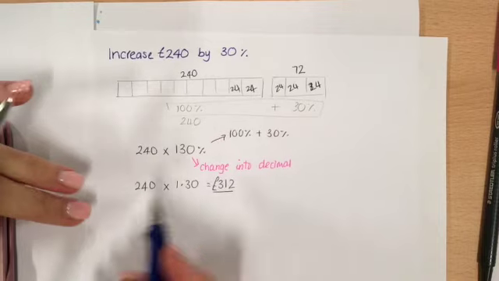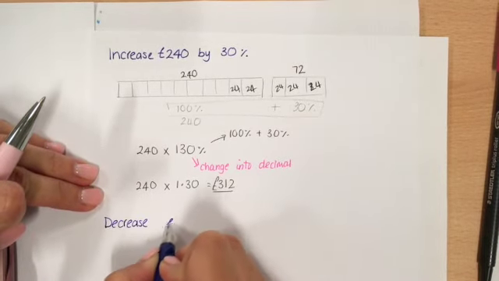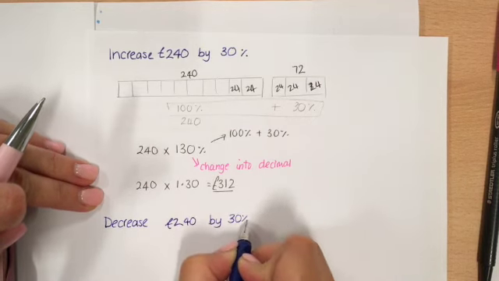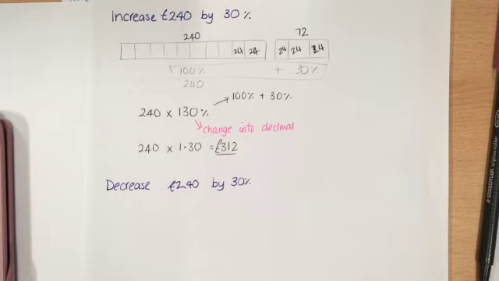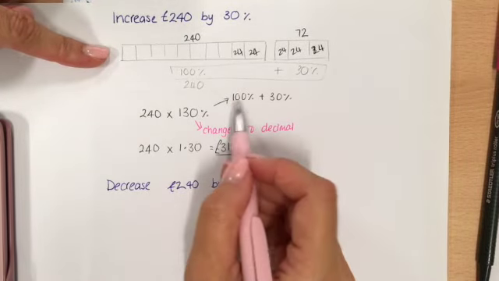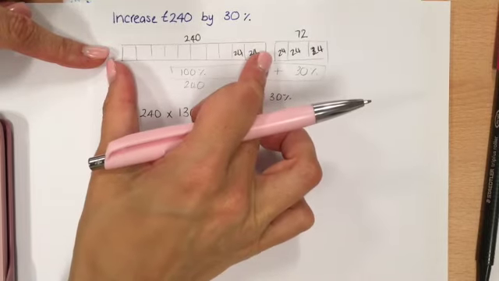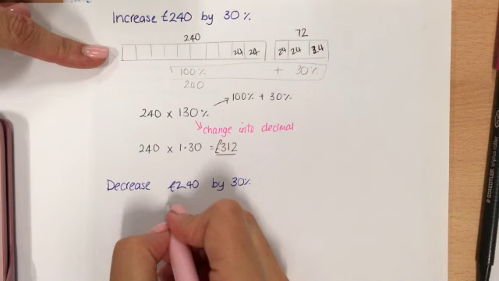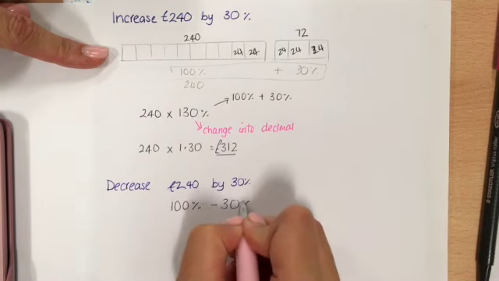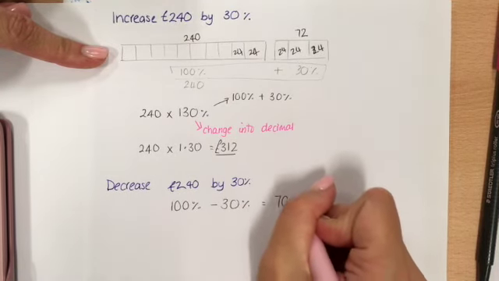So let's do, this time, decrease £240 by 30%. This time, I'm not going to draw the model. We know that we had to add the percentages together, so we had the 100% and we had to add on the 30. This time, I've got my 100%, but I need to take away the 30% because it's a decrease. So that leaves me with 70%.